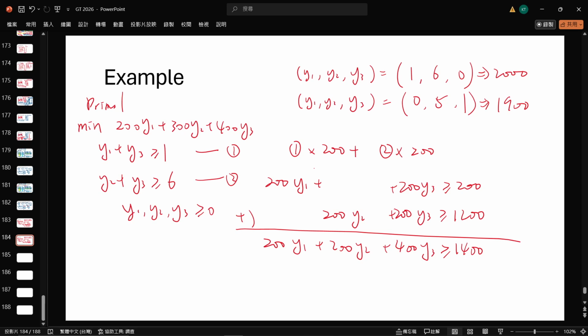By better, I mean a larger lower bound. So for this dual problem, we want to maximize the right-hand side instead of minimize the right-hand side.